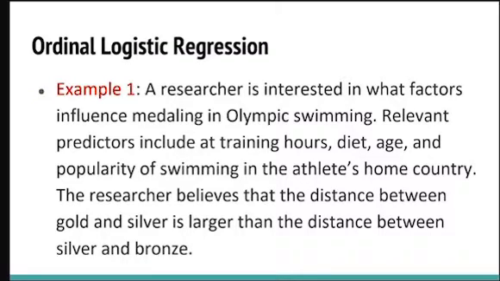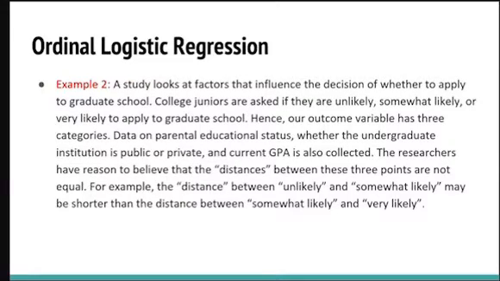In a situation where you have 3 levels, the distance between the awards is different. And of course these are ordered, because gold has more value than silver and silver has more value than bronze. That's one example of ordinal logistic regression.